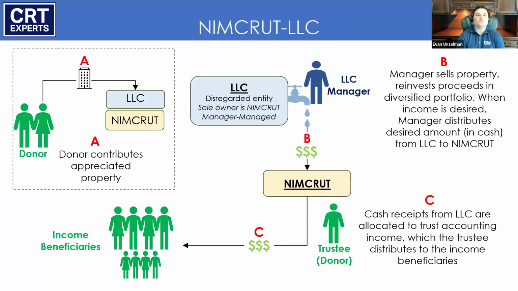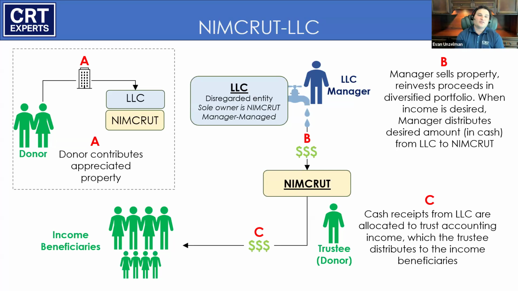So to illustrate this, before we jump into some recommendations, and then we'll look at the Jones family and build them a CRT. Of course, the first step here is we have appreciated property going into the CRT. It's going into the structure. In our case, we'll look at Stan and Peggy Jones.